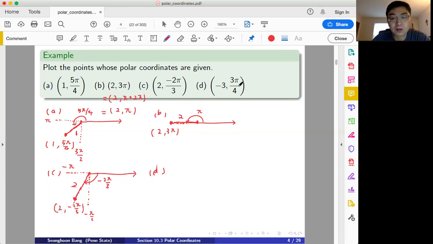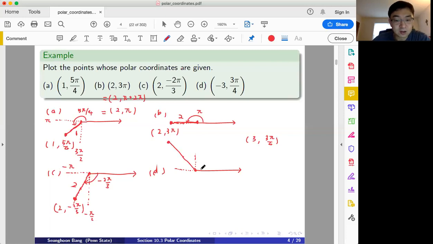What about D? The negative 3 pi over 4 was the main idea. First, you use the pole and polar axis given. First, I want to plot positive 3 and 3 pi over 4. Here, this is pi over 2, this is pi, and 3 pi over 4 is here. Bisect this segment like this.